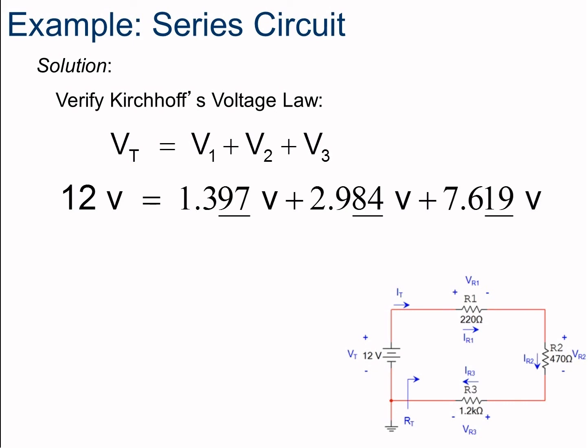The 1.397 that we had going across R1, the 2.984 volts across R2, and the 7.619 volts across resistor 3 added together equals 12 volts. Whew! Kirchhoff is really happy that we verified his law. I'm sure he feels very relieved. All right, so 12 volts, we're good to go.